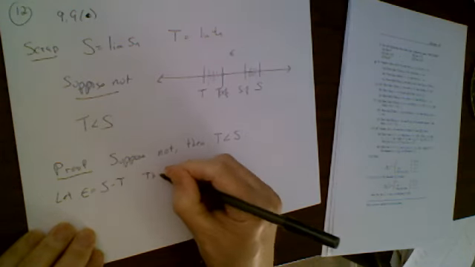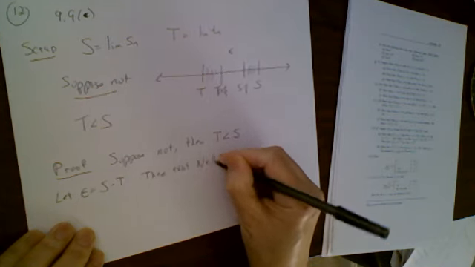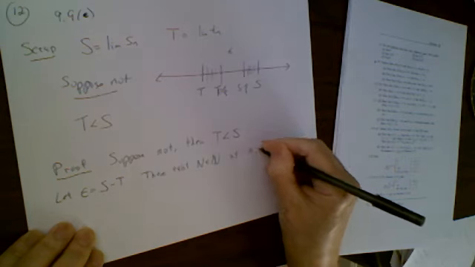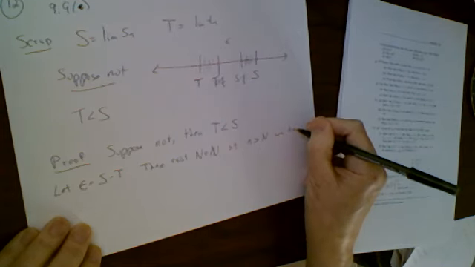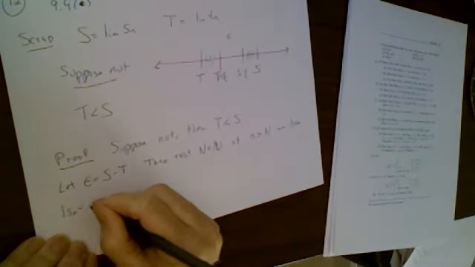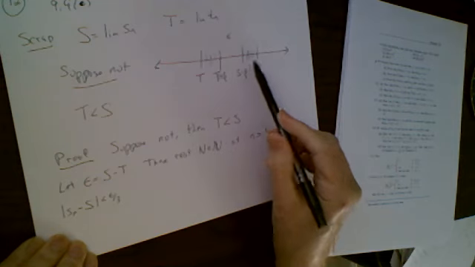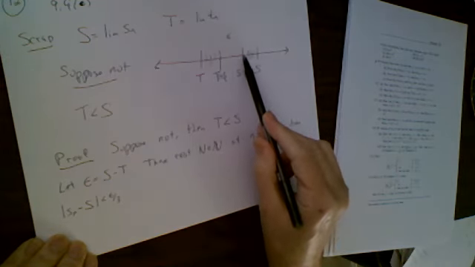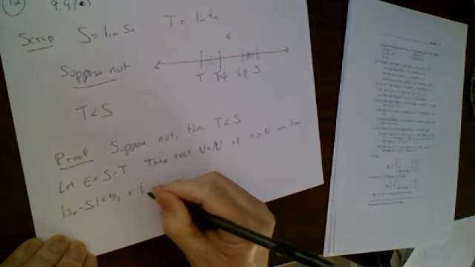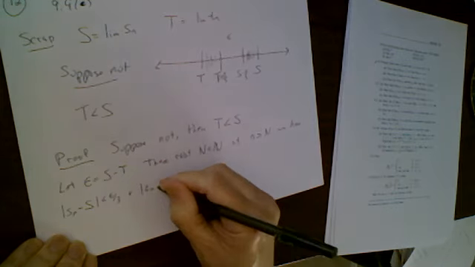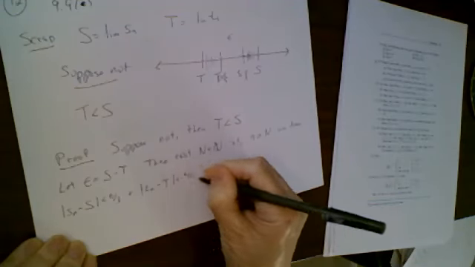So there exists capital N in the natural numbers such that if you take any n bigger than capital N, we have that the S sub n's differ from S by less than epsilon over 3. In other words, all the terms in the S sequence live to the right of S minus epsilon over 3, and the T sub n's minus T are less than epsilon over 3.